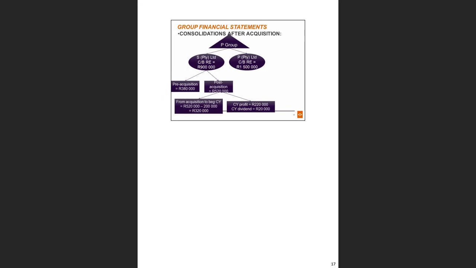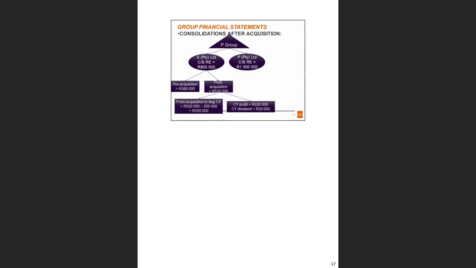So this is going to include all of the accumulated profits from the date it started operating right until the current year. So this amount consists of the pre-acquisition. So we want to know what portion of this 900,000 relates to that which was earned before acquisition by P and which is attributable to the period after acquisition.